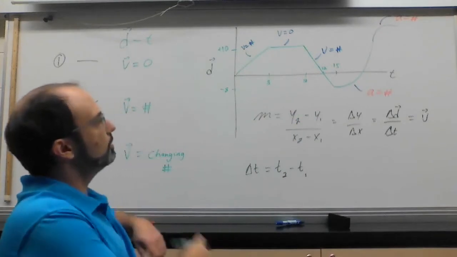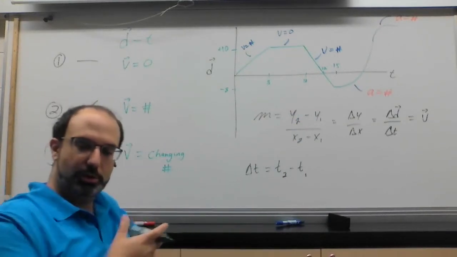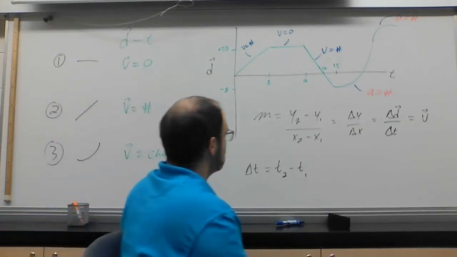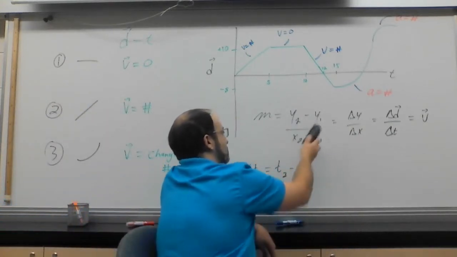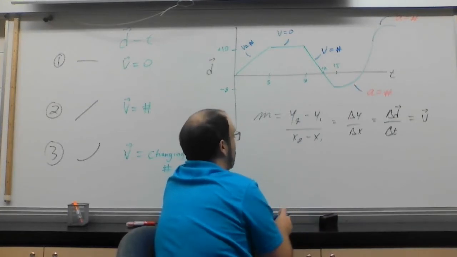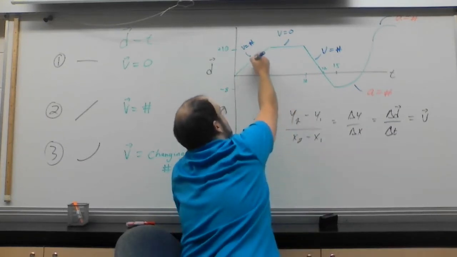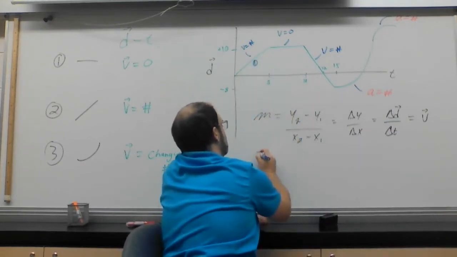Okay. So when we're trying to work out the velocity here, it's all slope all the time. When it comes to doing a slope, it's y2 minus y1 over x2 minus x1. Let's say the slope for this first section, section 1.